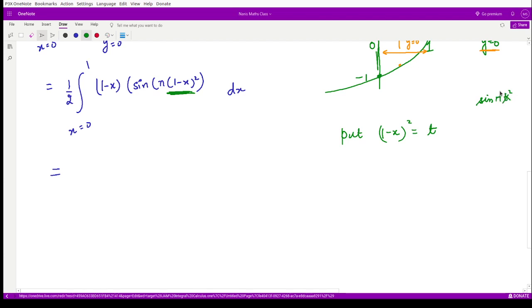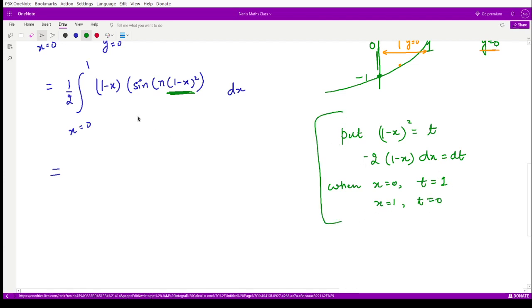So in order to remove this square quantity, we are making a substitution. 1 minus x whole square is equal to t, so that we have 2 into 1 minus x into minus 1 into dx is equal to dt by differentiating this quantity. And moreover, whenever the value of x is 0, that means your t is equal to 1, and whenever x is equal to 1, your t is equal to 0. So we also obtained the limits for these quantities.